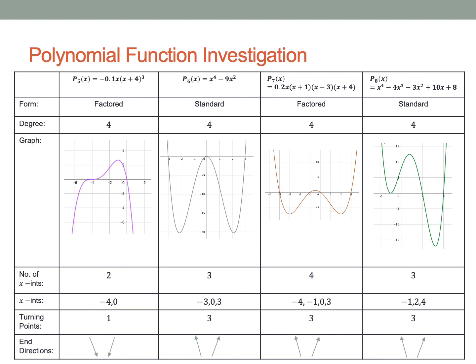Okay, let's go over the summary. So degree of a polynomial, remember, is whatever the degree of the term of the polynomial that has the highest degree. Standard form versus factored form. Standard form is in expanded form and descending degree, and factored form is written as a product of factors, right?